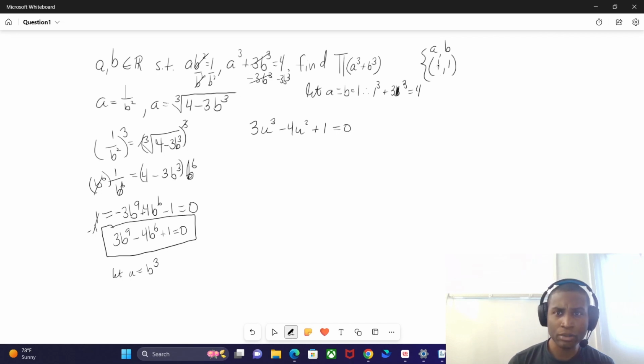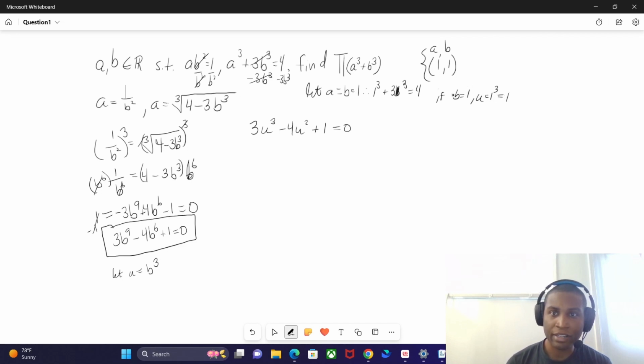We already know that one of the possible roots for b is 1. So if b equals 1, then u equals 1 cubed, therefore u also equals 1.